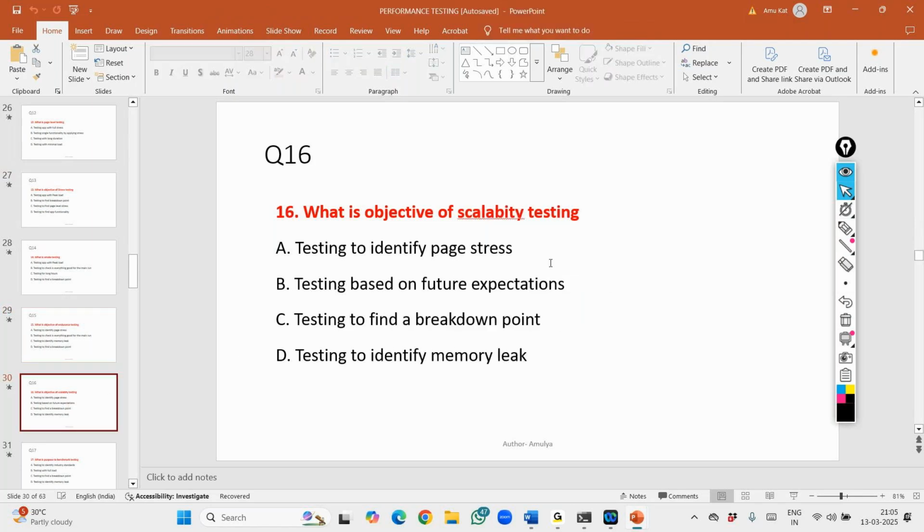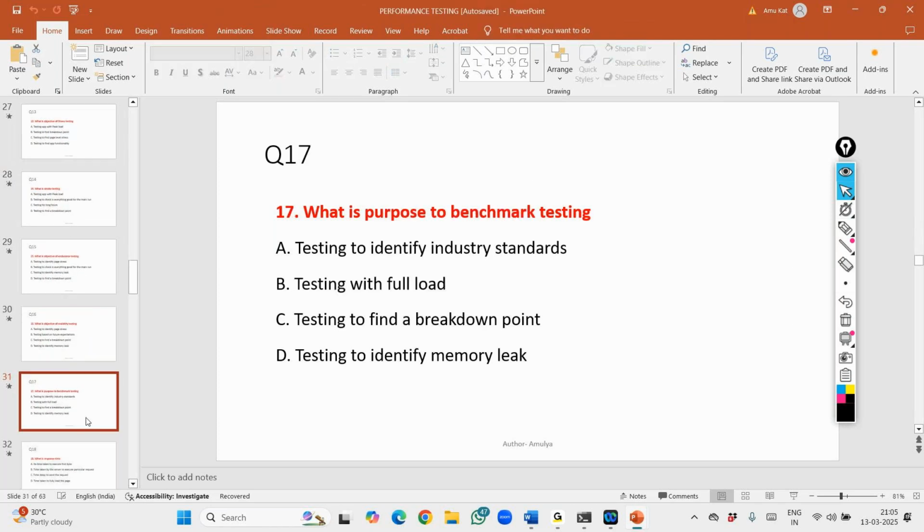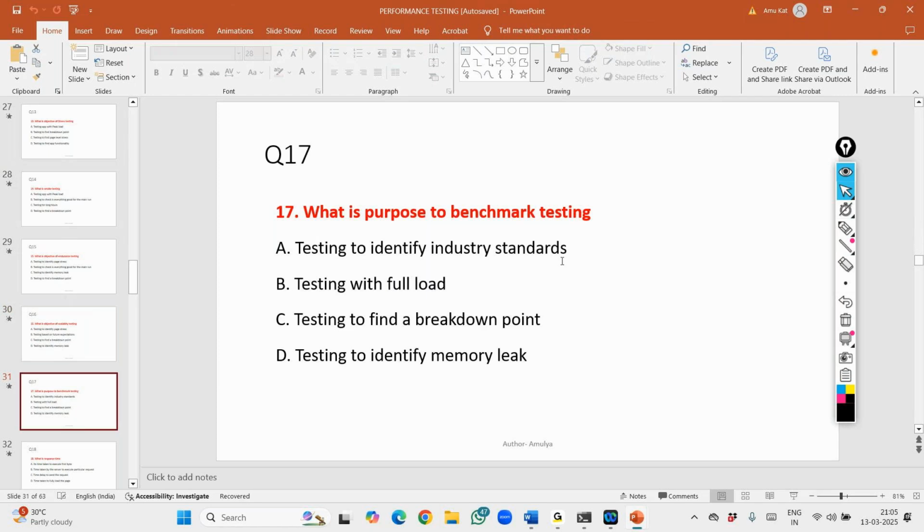Scalability. Future expectation. Exactly. So how scalable our application needs to be, as per the future expectations, we will be performing the scalability testing. Good. And next, this is over, right? 17th one. Benchmark testing.